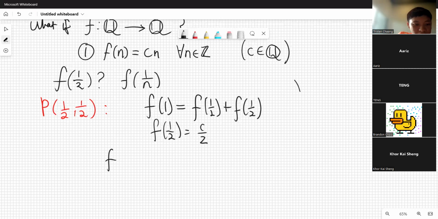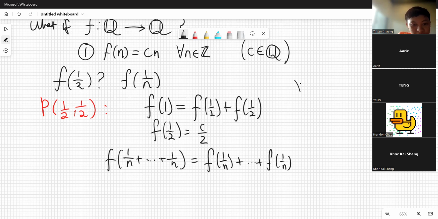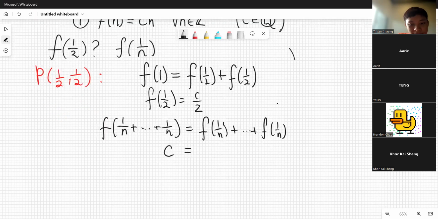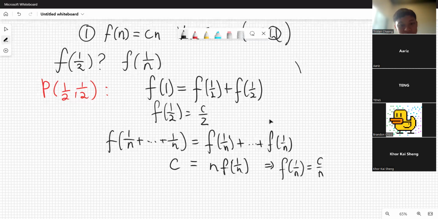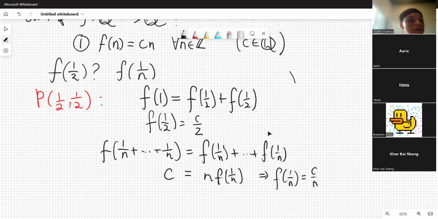So we have f(1/n plus ... plus 1/n) equals f(1/n) plus ... plus f(1/n). And this is f(1), which is c. And this is n times f(1/n). So f(1/n) is c over n.